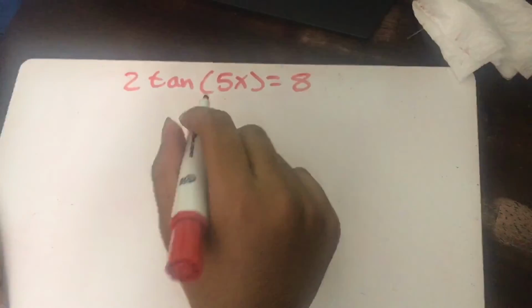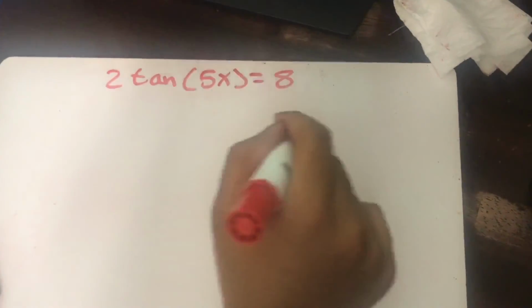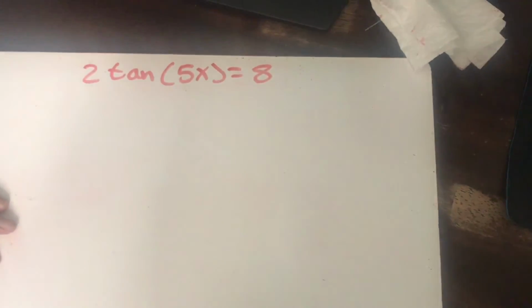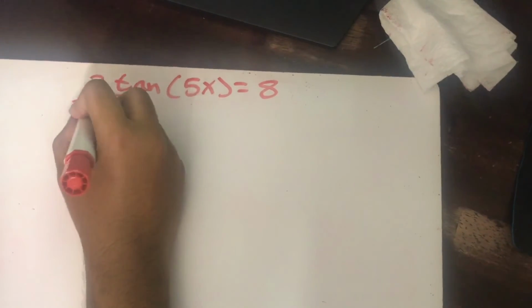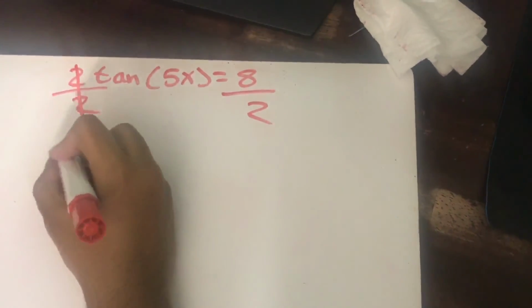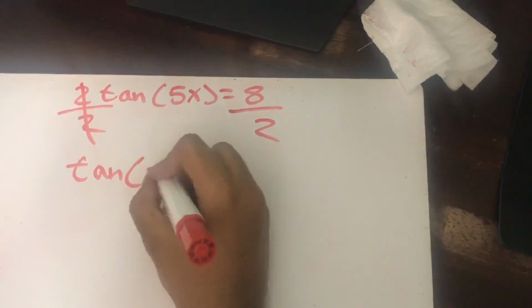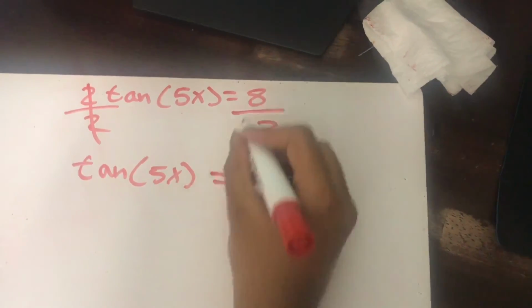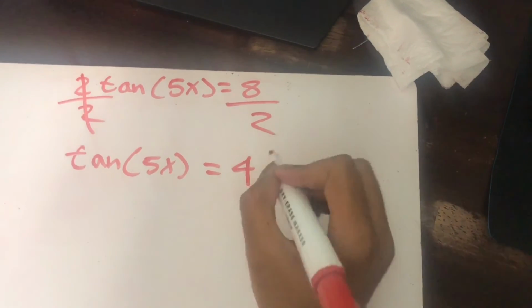And yeah, this is the sixth equation and the last one. So let's go. First, we're going to divide both sides by 2. So when you do that, it's going to be tan 5x equal to 8 divided by 2, which is 4.